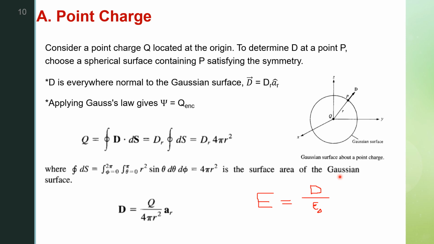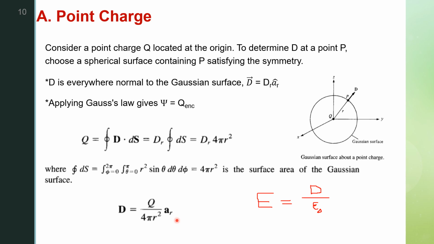Here we have a spherical Gaussian surface, so the area of a sphere is 4 pi r squared. So it is very clear, Q is equal to D_r 4 pi r squared. From this equation, we get electric flux density D equal to Q over 4 pi r squared a_r.